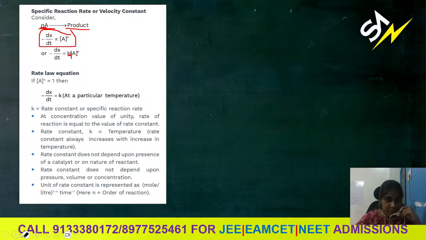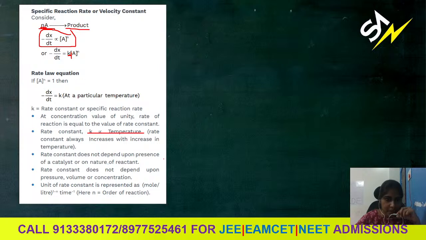And now, if we see, at a concentration value of unity, the rate of reaction is equal to the value of the rate constant. That's what we have discussed. The rate constant k is directly proportional to temperature, which means if the rate constant value is high, the temperature is obviously high.